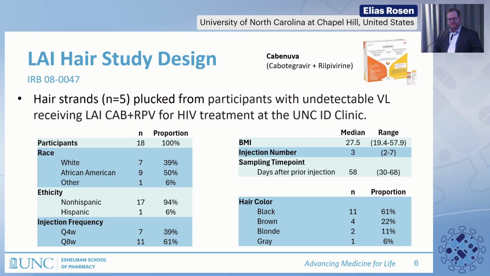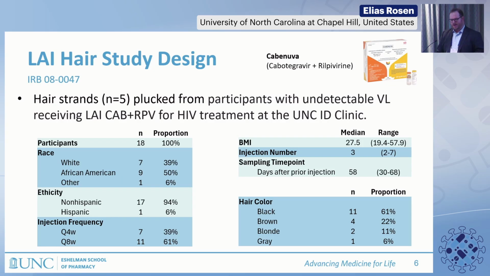And among the 18 participants, most identified as either African American or white and non-Hispanic, 61% were receiving injections on an 8-week schedule, and the remainder were receiving their injections monthly.